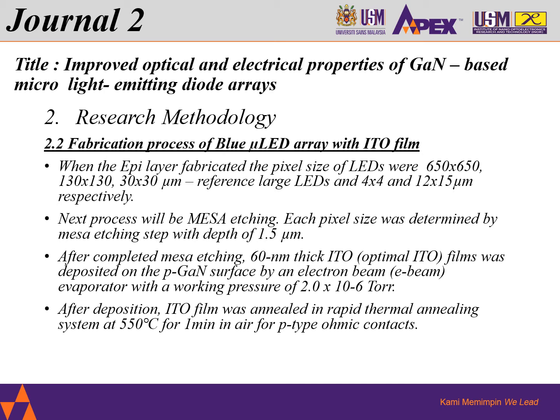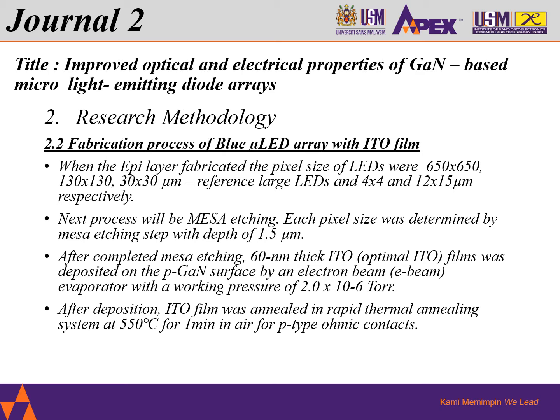Every single pixel cell is defined with a mesa etching step with a depth of 1.4 micrometer. After we complete mesa etching, we need to perform ITO deposition on the P-GaN with a thickness of 60 nanometer, using an electron beam, or E-beam, evaporator with a working pressure of 2 times 10 to the minus 6 torr.